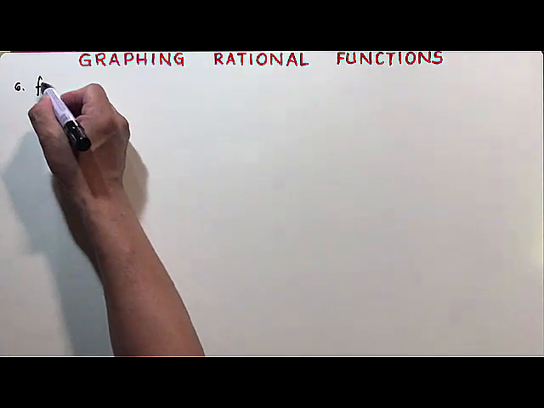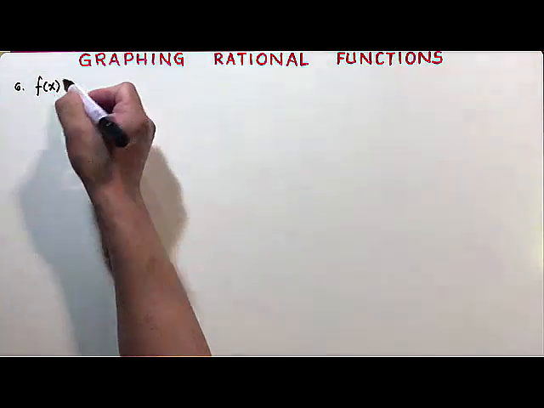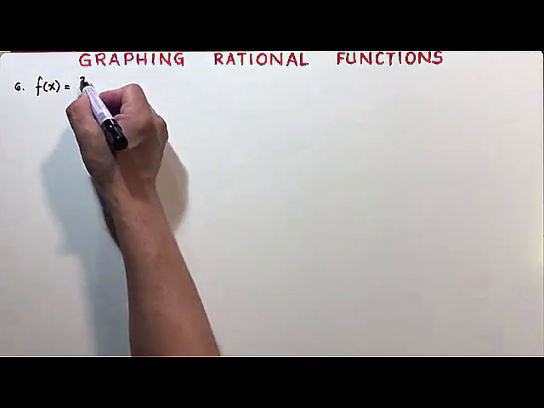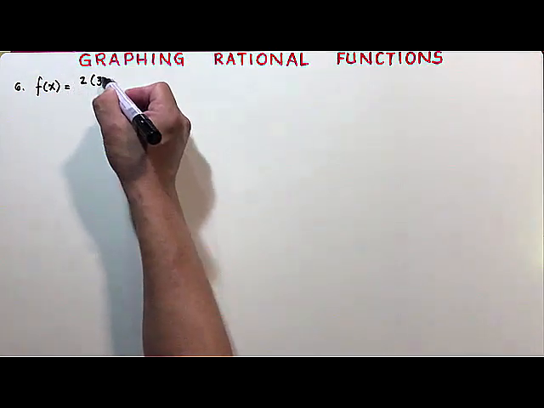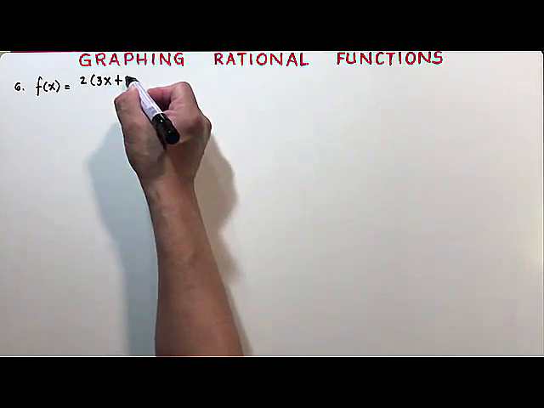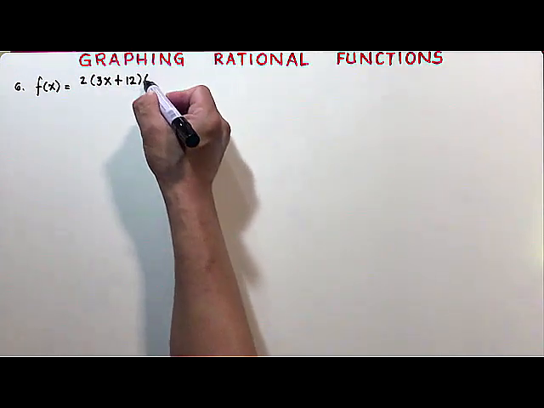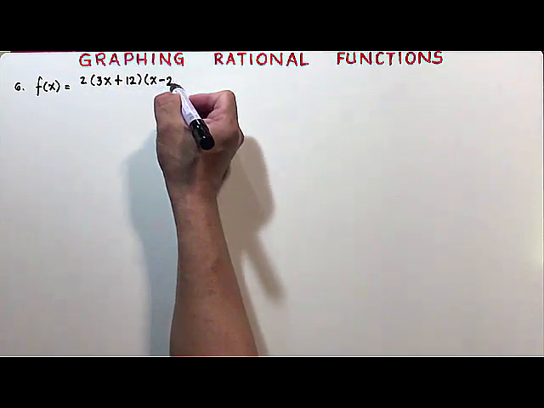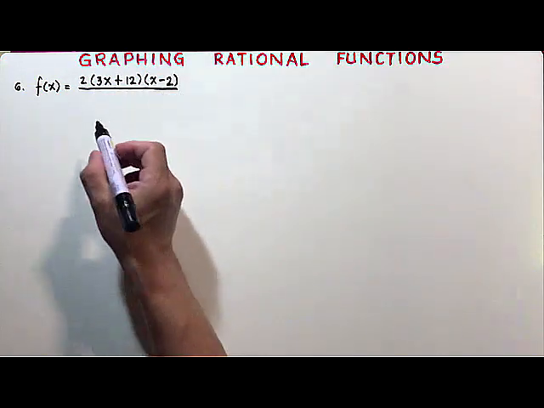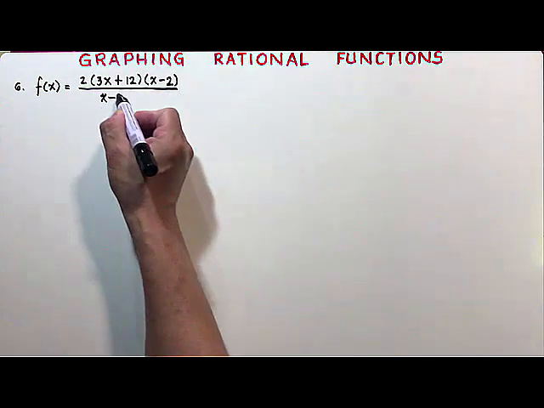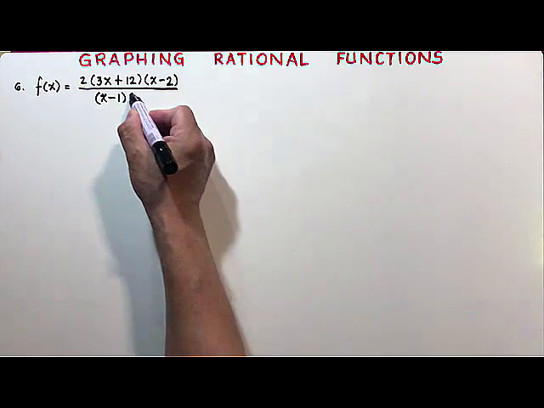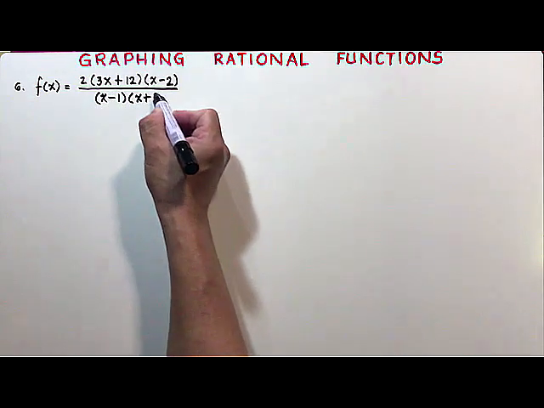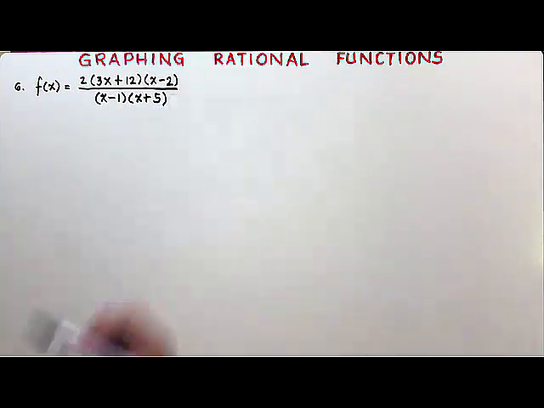So what is the graph of the rational function 2 times (3x + 12) times (x - 2) divided by (x - 1) times (x + 5) here?